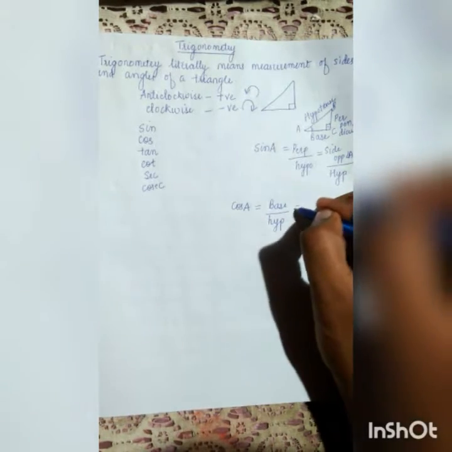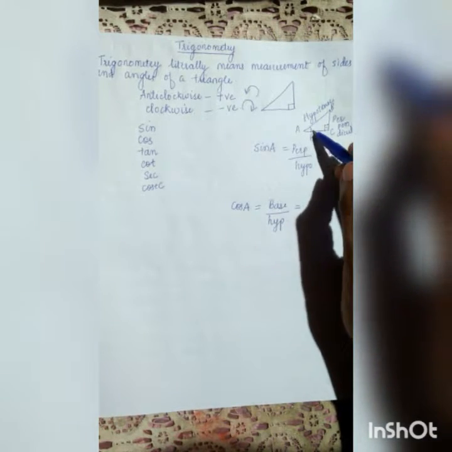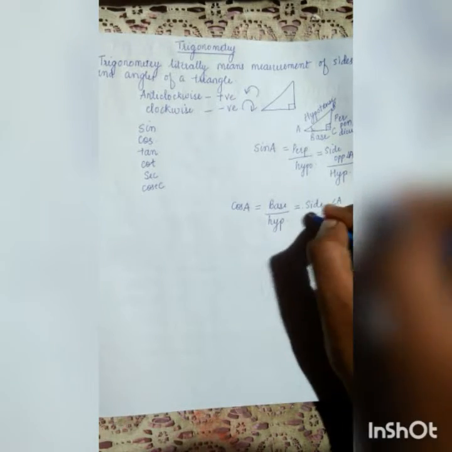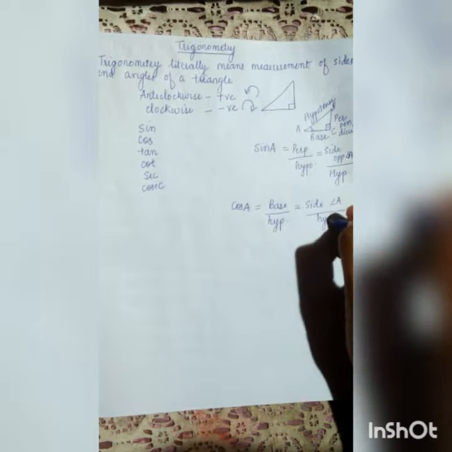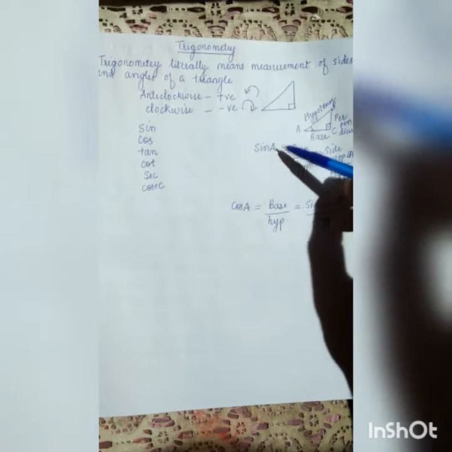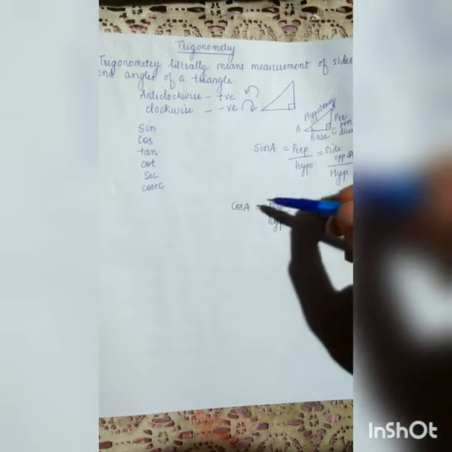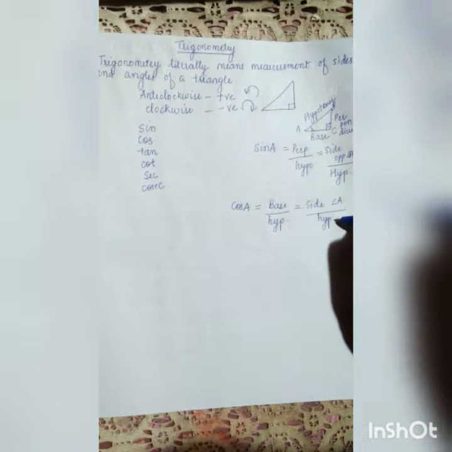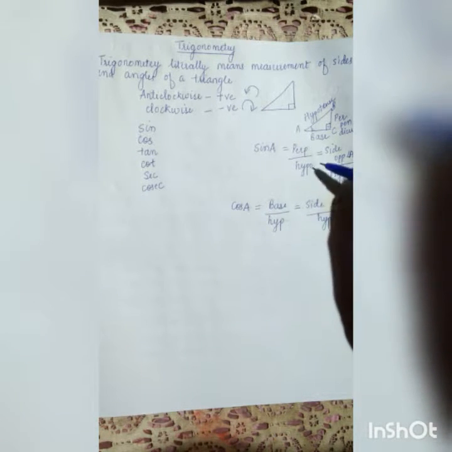We can also write this as the side which contains angle A divided by hypotenuse. For easy remembrance, sine A is the side opposite to angle A divided by hypotenuse, and for cos A, the side containing angle A divided by hypotenuse. So these are the two trigonometric ratios.